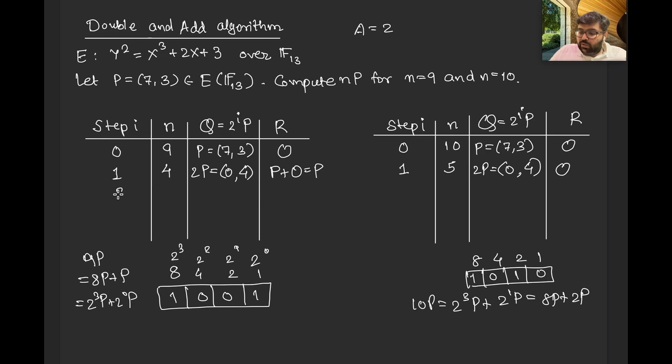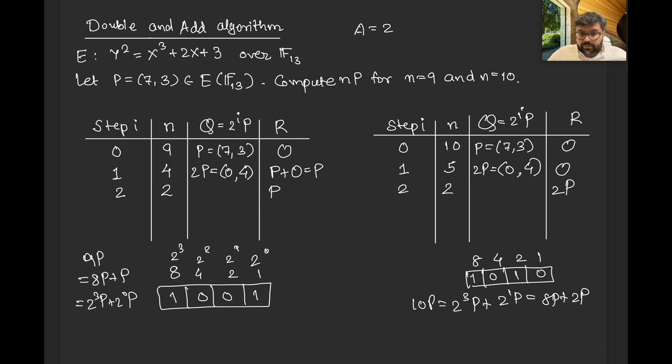Just let us go to next step, step number 2, divide by 2, so 2 into 2 is 4, remainder is 0, just carry forward, so here it was P, we just write P here. Okay, what happens to 10P? Divide by 2, 2 into 2 is 4, remainder is 1, so we need to add this 2 and bring this in this next step, so 2P plus 0, this is 2P.